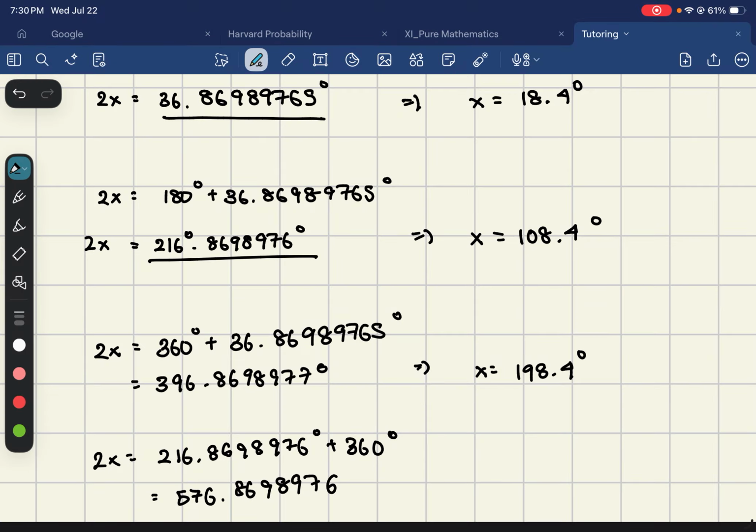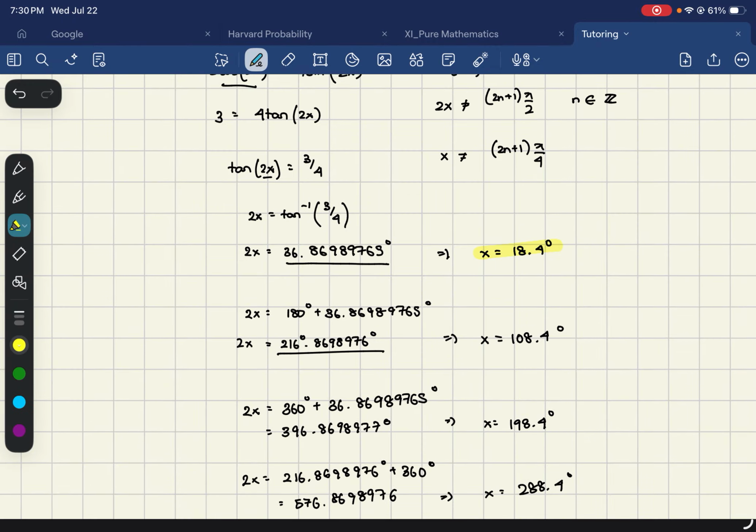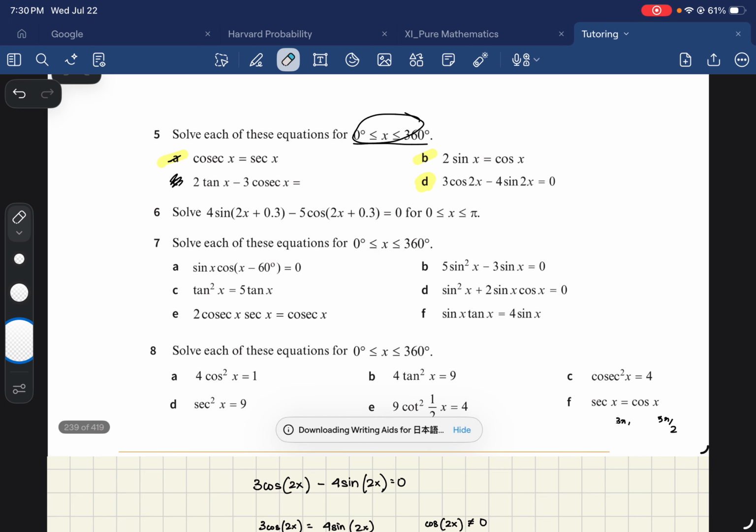And from the final one, x is going to be 288.4 degrees. So these are your 4 solutions that are valid here. All right. So this was 5D. So 18.4, 108.4, 198.4, and 288.4 degrees. All right. So we are done with D.